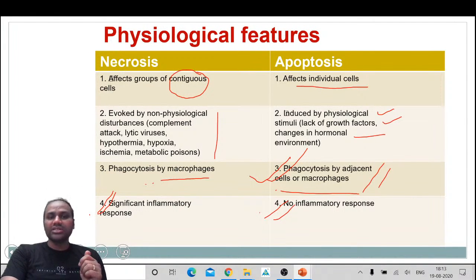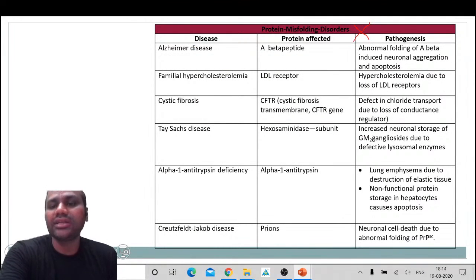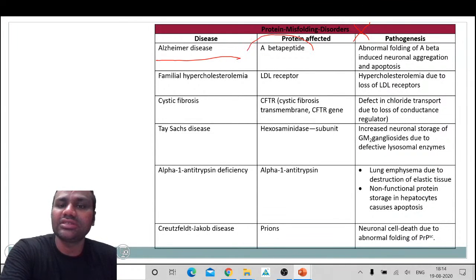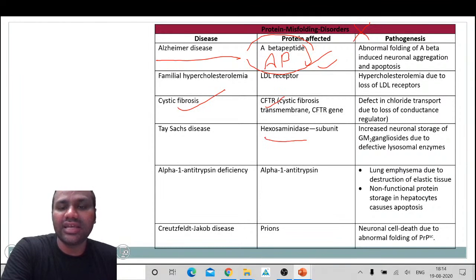There are also the protein misfolding disorders in which apoptosis can occur, like Alzheimer's disease, where the protein affected is the A beta peptide; cystic fibrosis, CFTR; Tay-Sachs disease, hexosaminidase; and Creutzfeldt-Jakob disease, prion.